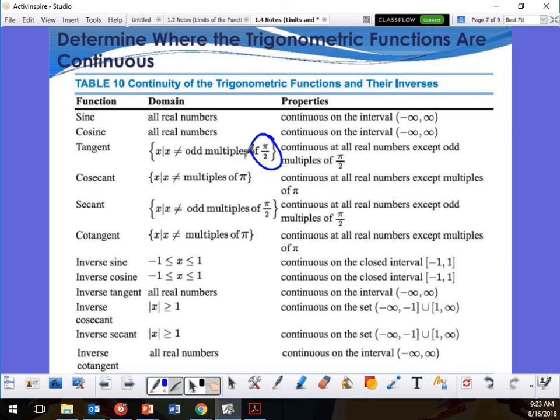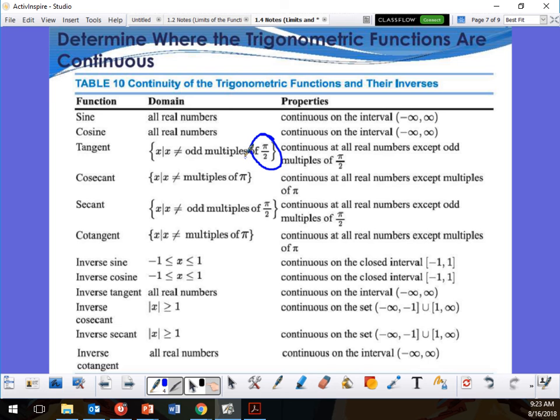Starting at 0, the x value is 1, the y value is 0, and since cosecant is the reciprocal of that, it's 1 over 0. So 1 over 0 is going to be undefined.